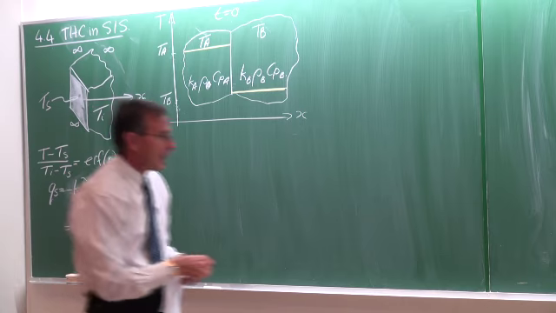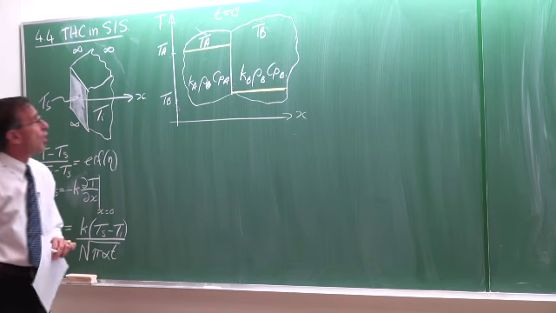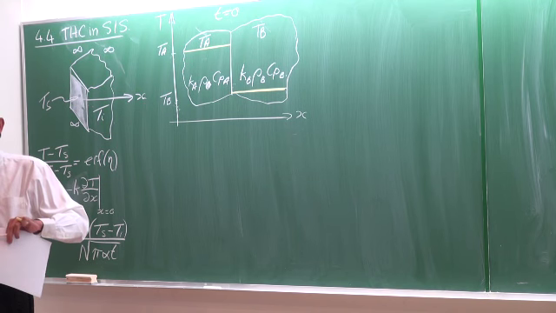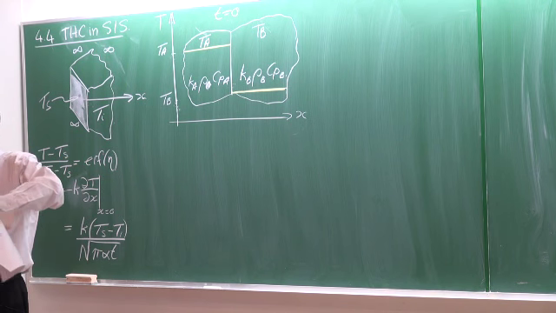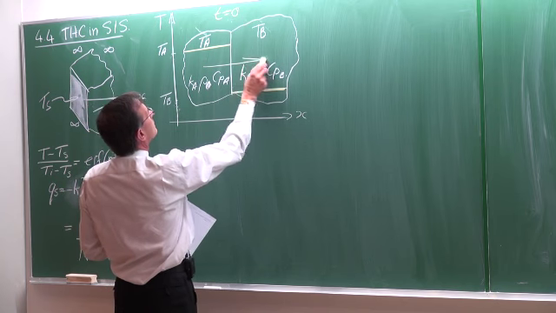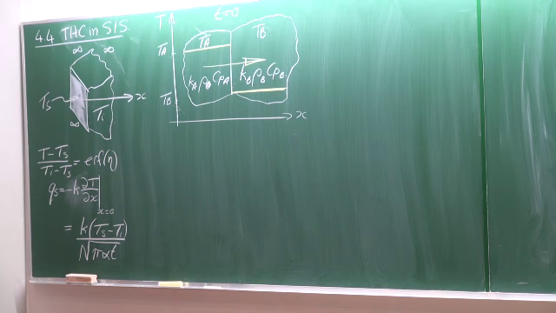Now, what is going to happen when these two bodies touch each other with different temperatures? One is at a higher temperature than the other, so there must be heat transfer between the two. The heat transfer must be in that direction.